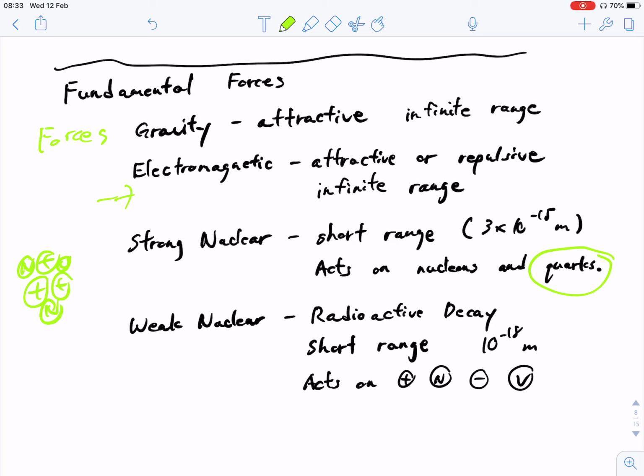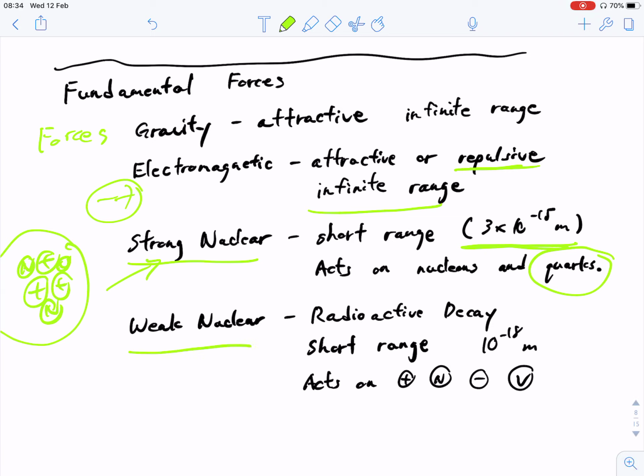So the protons are actually trying to repel each other with quite a strong repulsive electromagnetic force. So we need an even stronger nuclear force to hold these guys together, that are trying to separate from each other because of their electromagnetic forces. So that's why this is quite a powerful or strong nuclear force. And it also works on a very short range, whereas electromagnetic forces can work up to an infinite range, we would say.